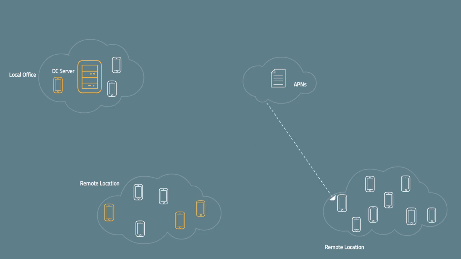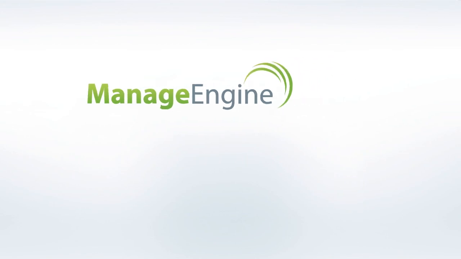Every managed mobile device will collect the renewed APNs from the Desktop Central Server. If any of the managed devices fail to contact the Desktop Central Server before the expiry date, then those devices need to be re-enrolled. For more details, visit our website.